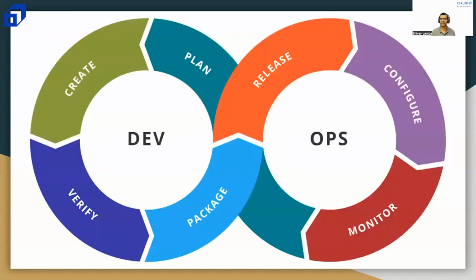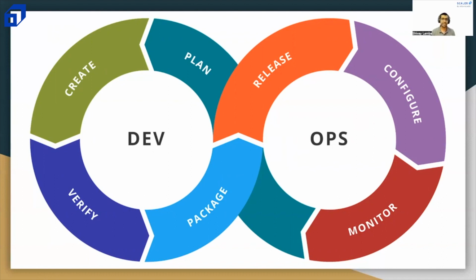And of course, DevOps as a whole consists of the dev side, which essentially is planning and creating your code and creating it into a package. And then the operations side is where we manage everything from the release cycle, configuring our release so that it is made public, and ensuring that whatever public version of the code you're releasing is going to be proper, and of course, scalable as well.